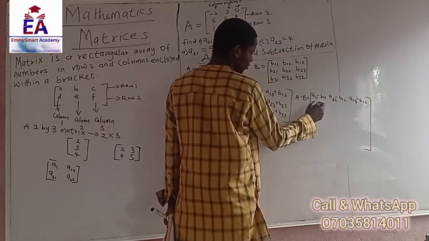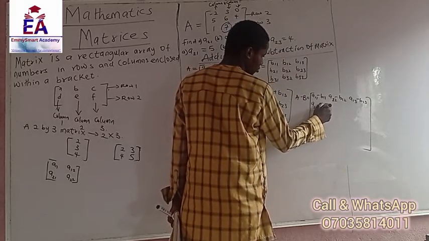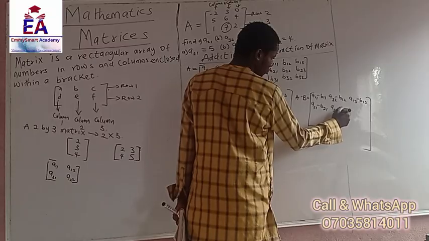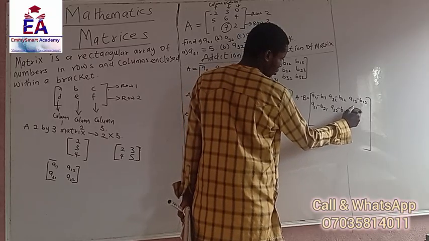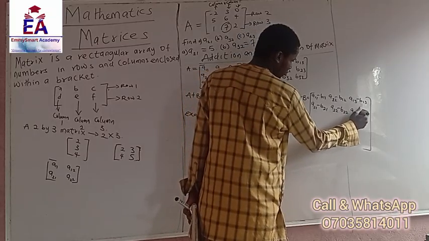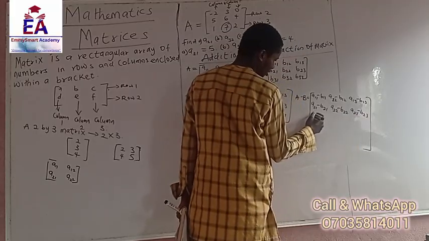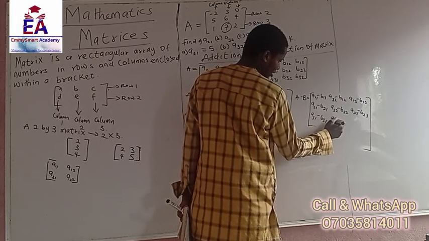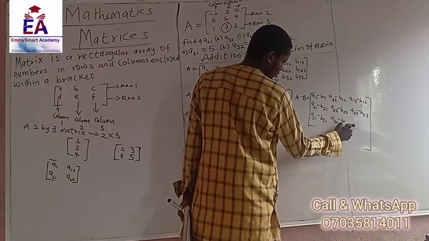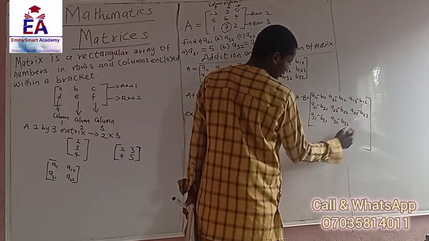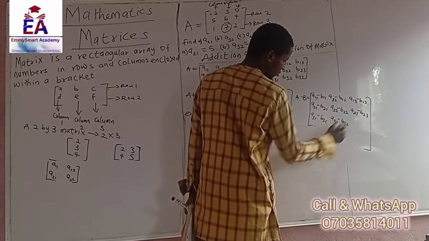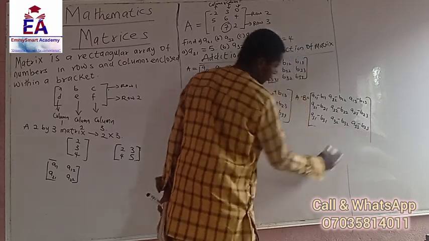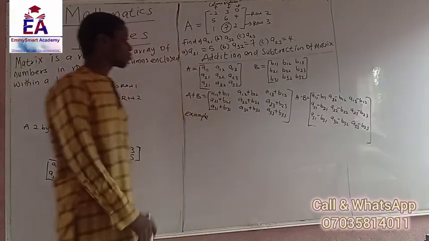So we have A21 minus B21, A22 minus B22, A23 minus B23, A31 minus B31, A32 minus B32, A33 minus B33. So that's basically what it is.